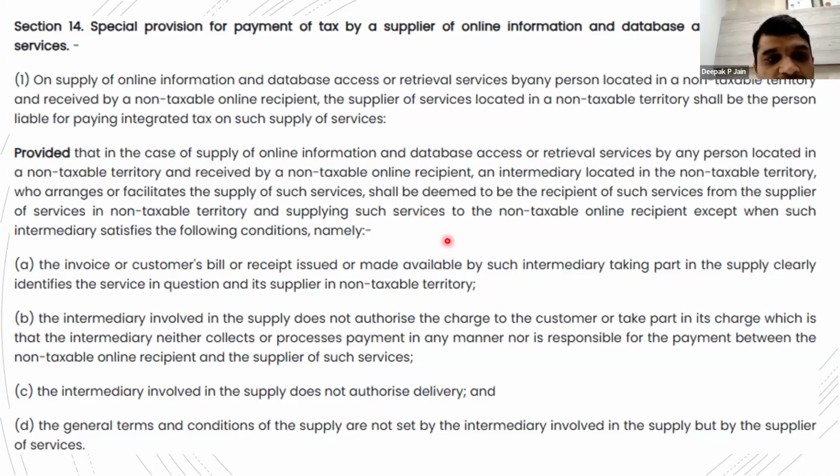So I feel I did not get any answer for this. I found that this provision is probably not worded correctly. Even if there is an intermediary who is involved, the liability will still be on the supplier of the OIDR service itself.